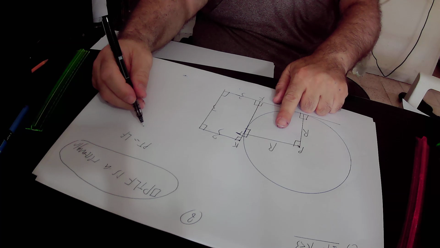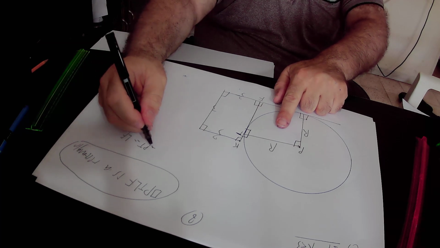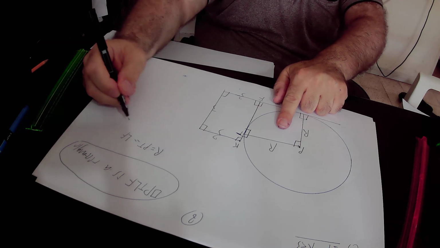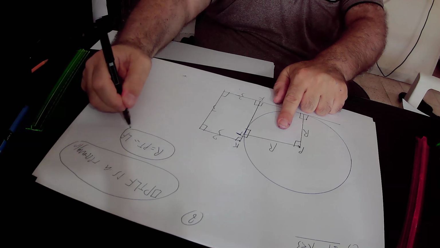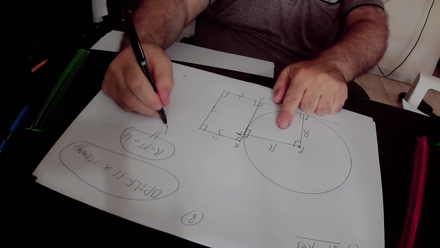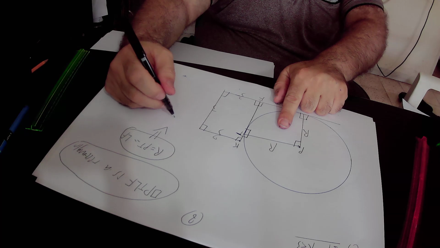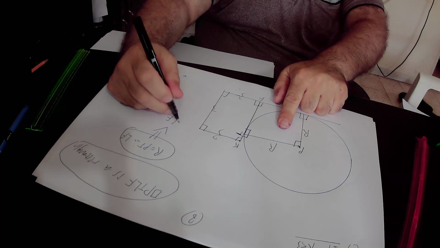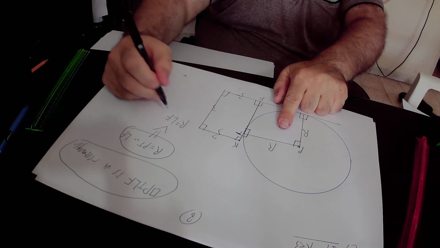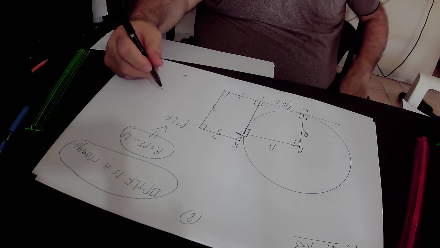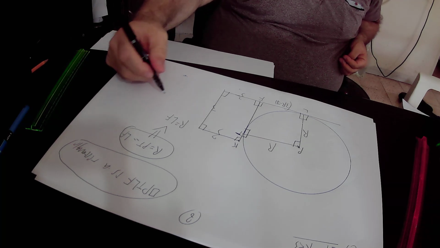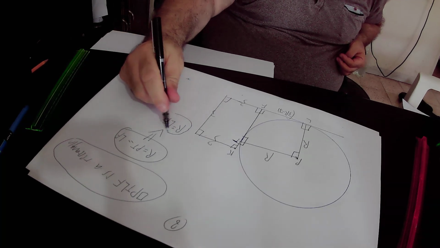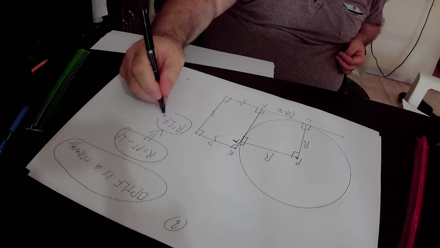But here PT is the radius of the circle, so PT equals R. And from R equals PT equals LF, we derive that LF is equal to R. From one side, LF equals R. From the other side, LF equals 3R minus 7.